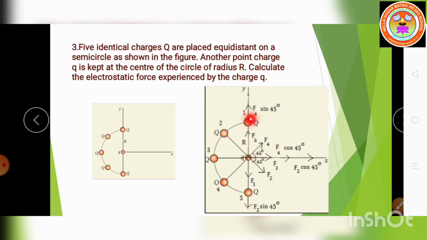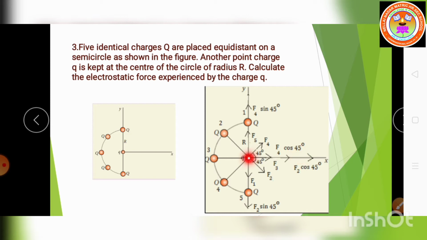Due to the point 1, the charge q moving in an outward direction is taken as vector F1. Now listen, again the charge q due to the point 2, positive and positive, what happened? Repulsion. So this q is moving in an outward direction due to the second, so F2. Again F3 is moving outward.